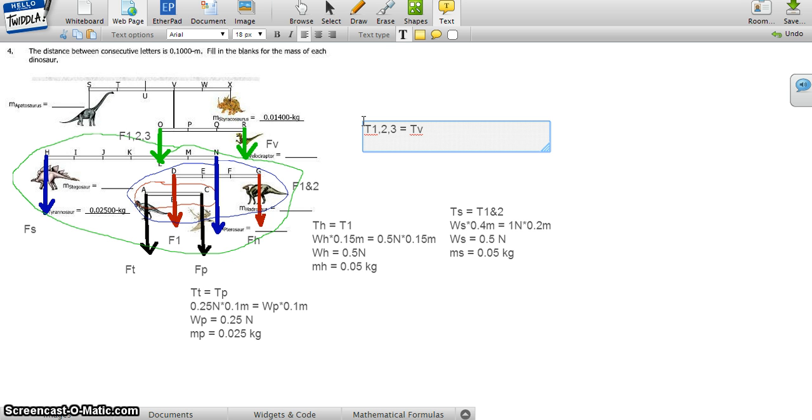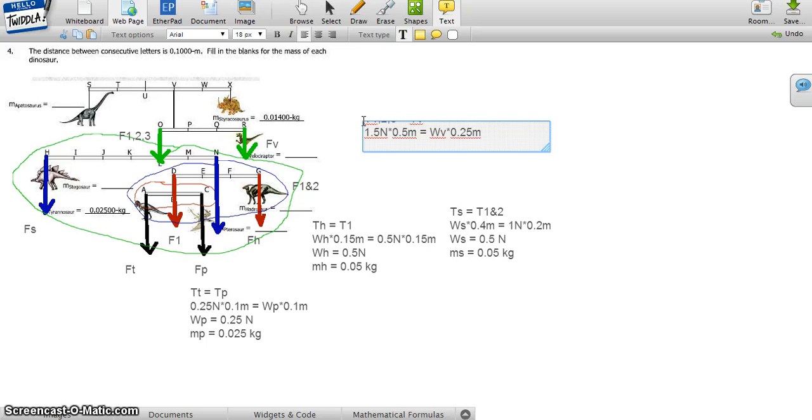Okay, so what is the combined mass? It's 0.025 plus 0.025 plus 0.05 plus 0.05. Let's see, that's 0.1, that's 0.15, I believe, times 10 is 1.5 newtons, times the distance away, which is 0.5 meters, equals, for the velociraptor, the weight of the velociraptor times the distance away, which is 25 centimeters, or 0.25 meters.